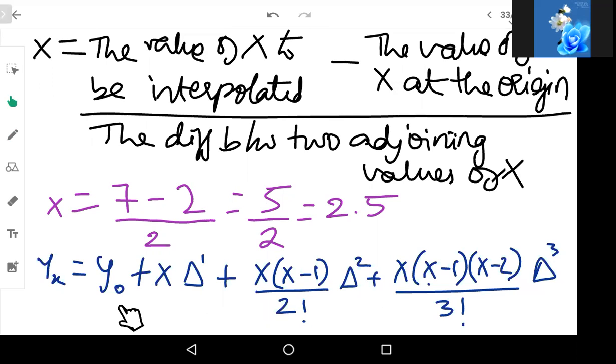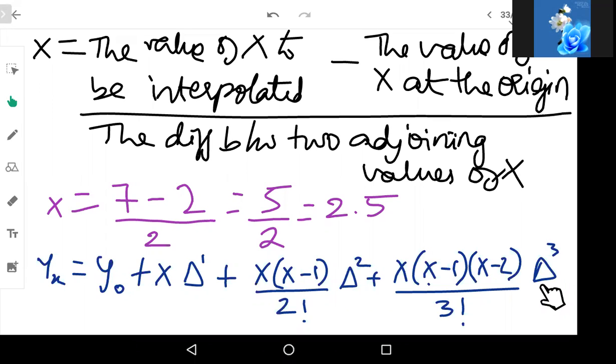So first one will be y0, the value of y in the first place. So y0 plus x, which is 2.5, into the first leading difference, plus again 2.5 into 2.5 minus 1 into second leading difference, and 2.5 into 2.5 minus 1 into 2.5 minus 2 into third leading difference.